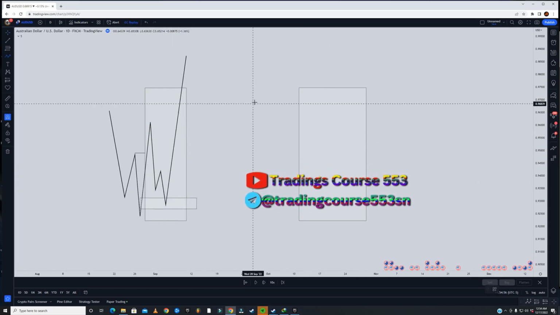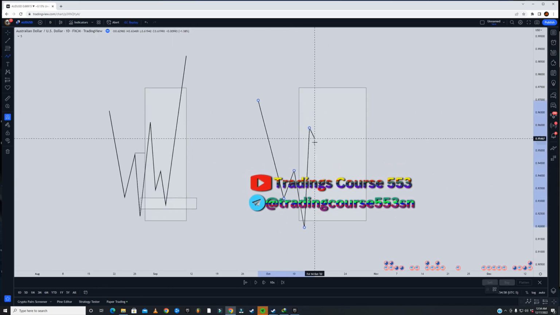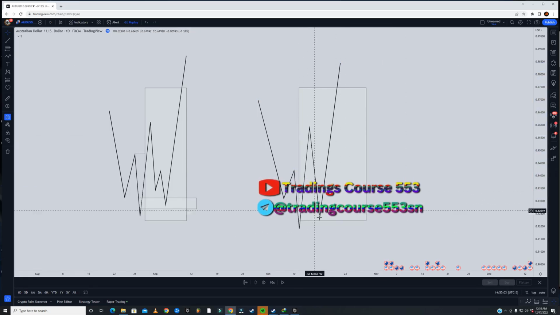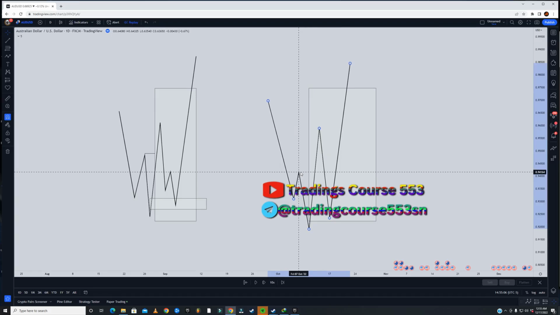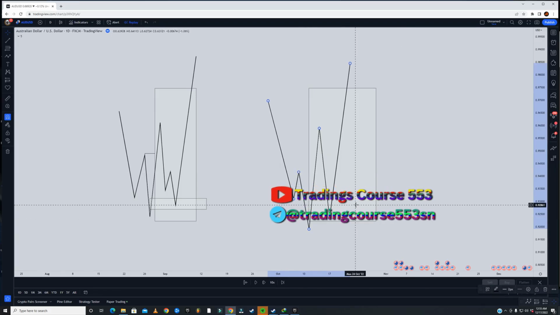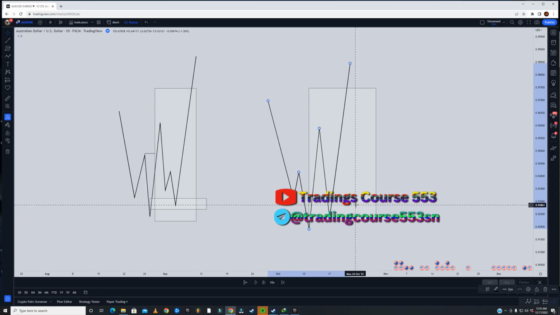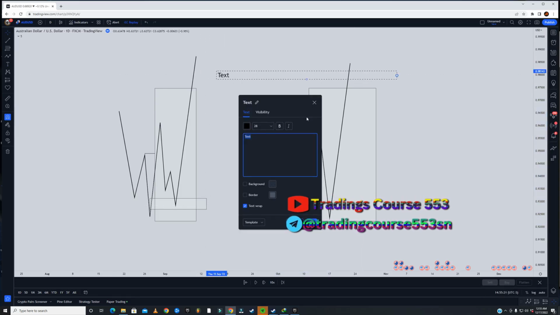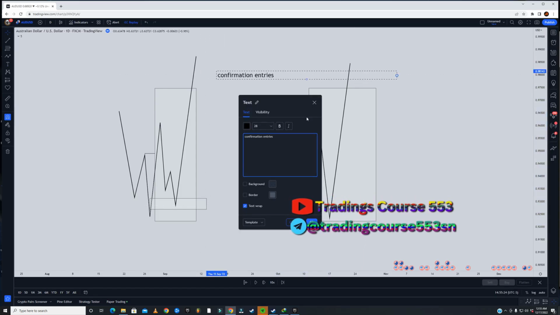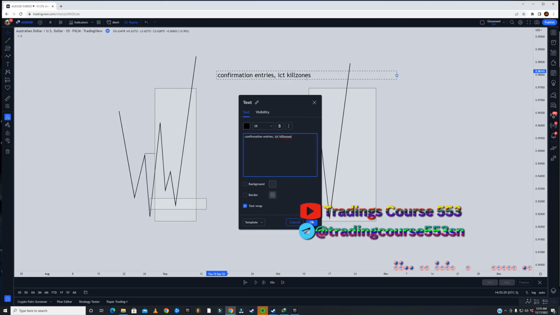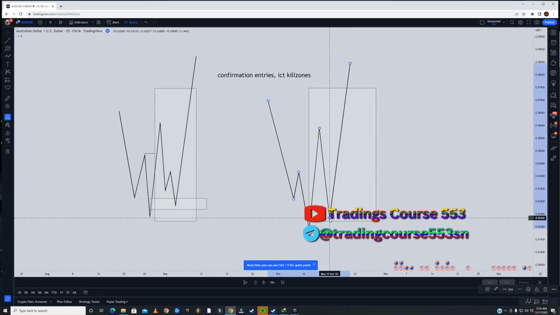Similarly over here, you want to wait for price to give you the entry during the New York kill zone. So this is a must, and a lot of people mess this up. They take trades during the wrong timing, and it could be the reason why the trade doesn't work out in your favor. So in this lecture, what I've taught you is confirmation entries, right? And I've also taught ICT kill zones, and how they are beneficial for your win rate.